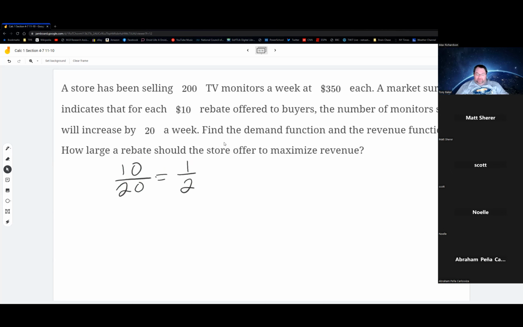So my initial price was $350, and we're subtracting the 1/2 times X, minus 200, because we're selling 200 monitors right away.